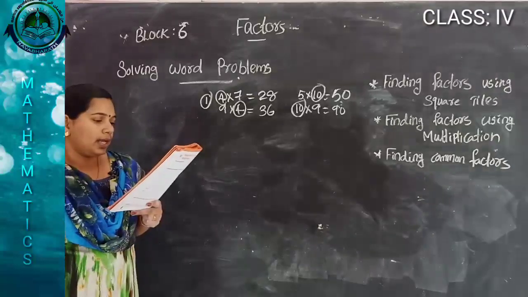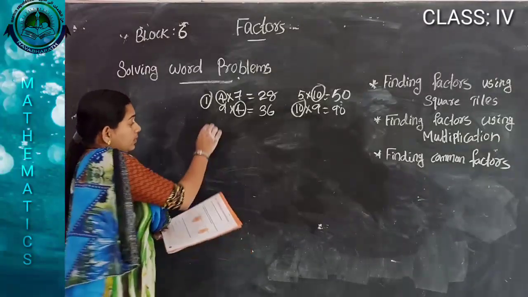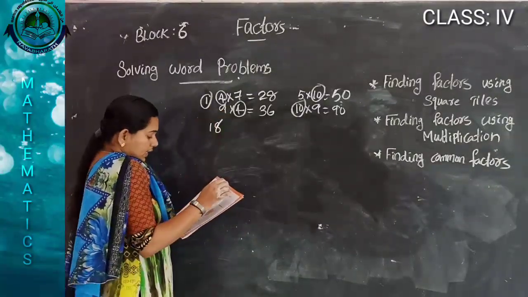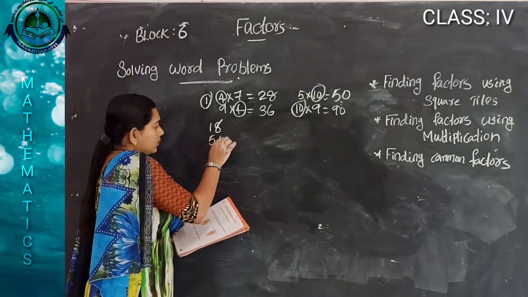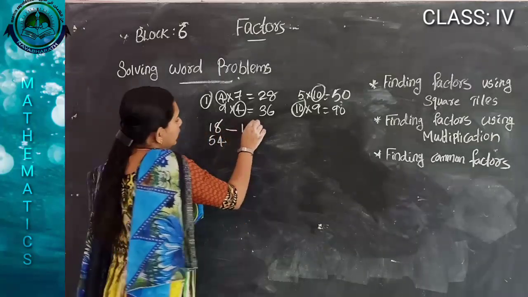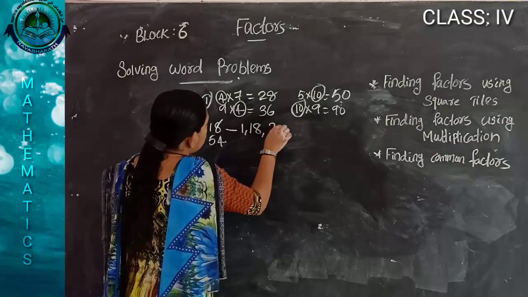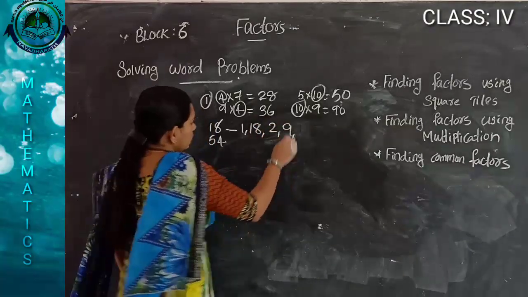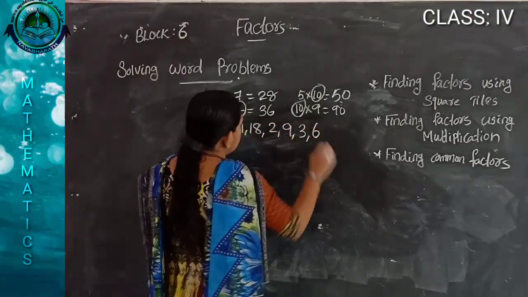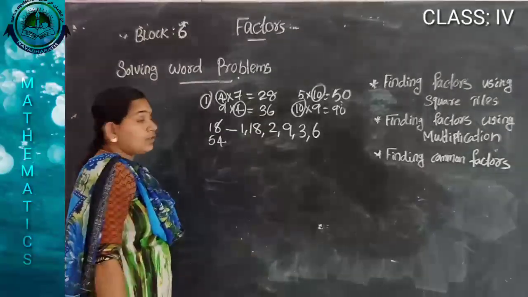Okay. Then find the factors of 18 and 54. 18: 1 into 18, 2 into 9, 3 into 6. These are the factors of 18.